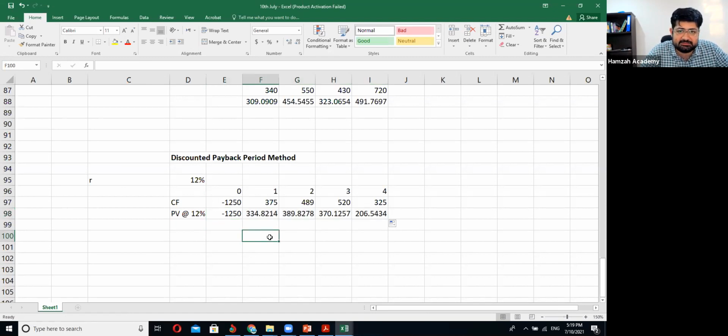Now we can calculate cumulative cash flow from here because we have already calculated present values. Next, this plus this equal to cumulative cash flow, here it is.